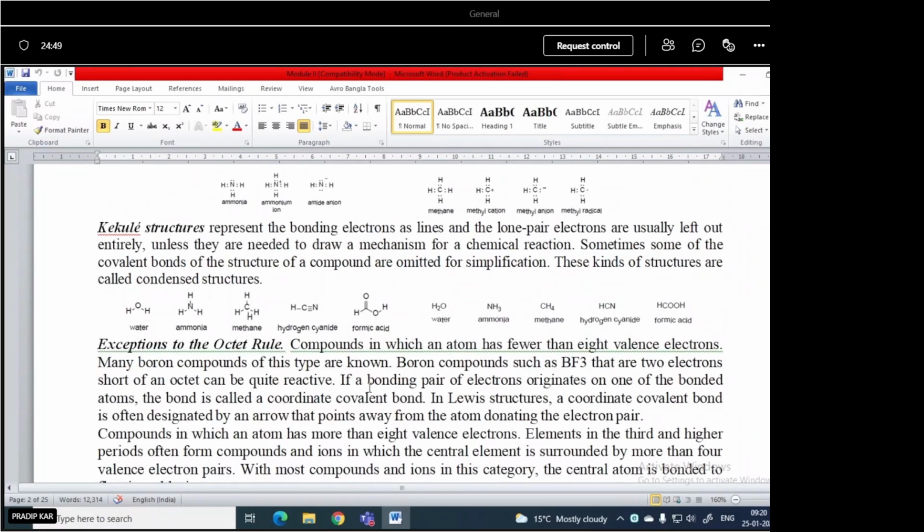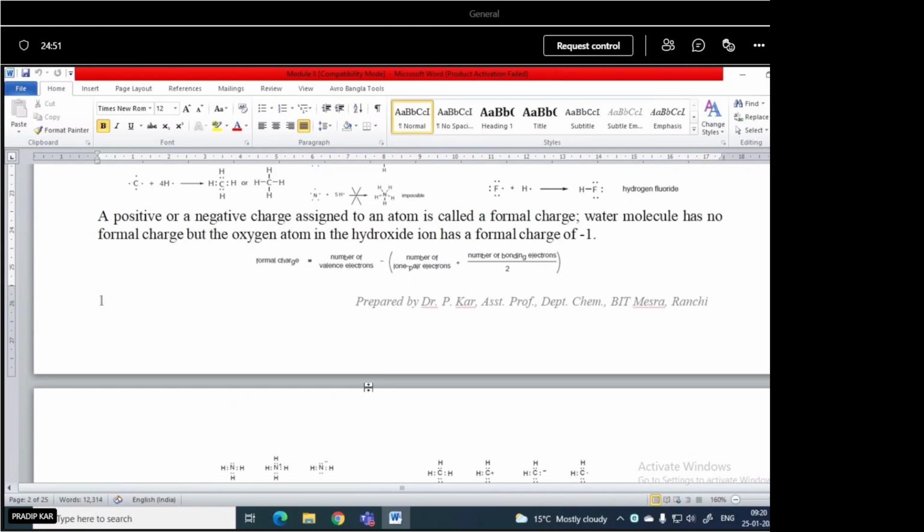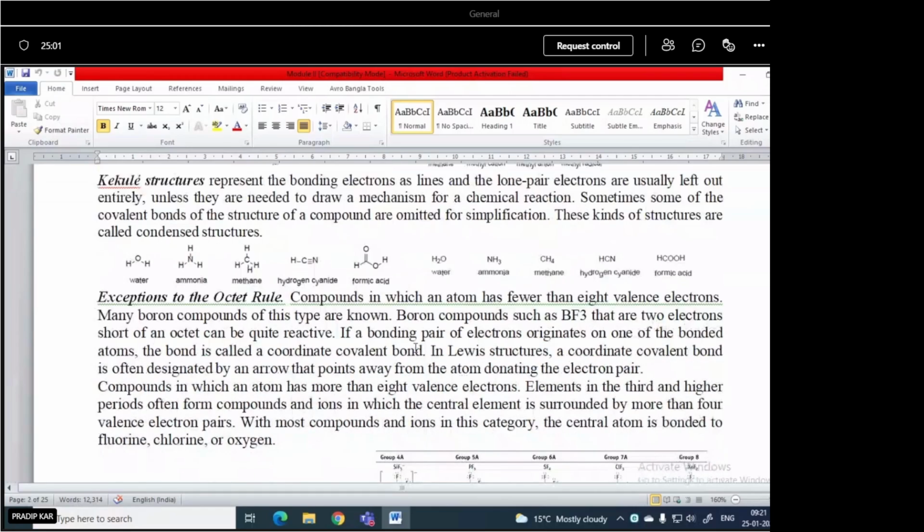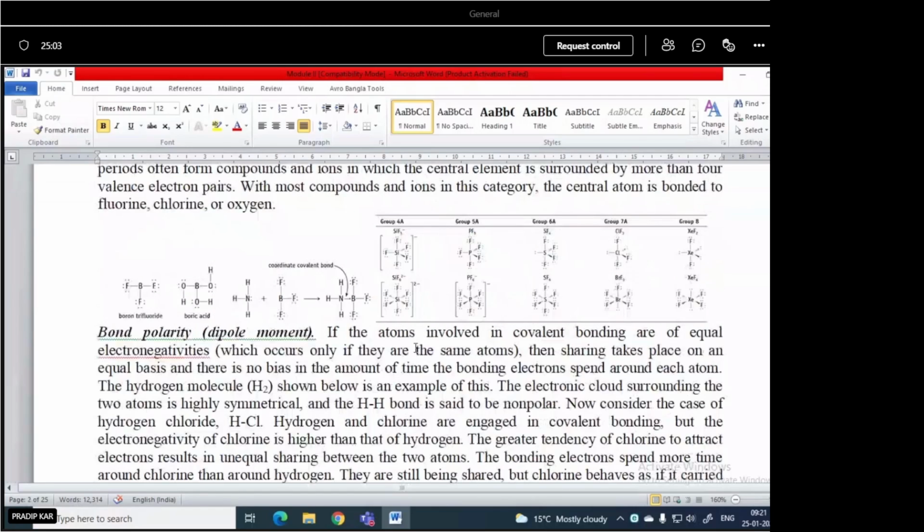In case of exception of the octet rule, here boron is having 2s2 2p1, 3 electrons on the valence shell, and in case of BF3, boron is having 3 valence electrons, and it is bonded with 3 F. So around boron, how many electrons are present?